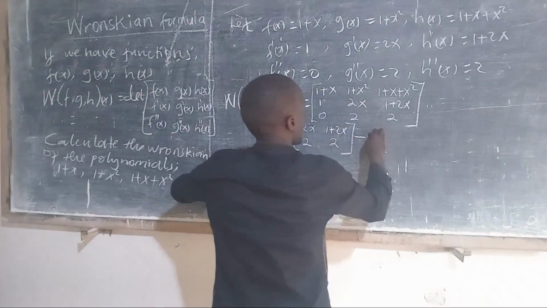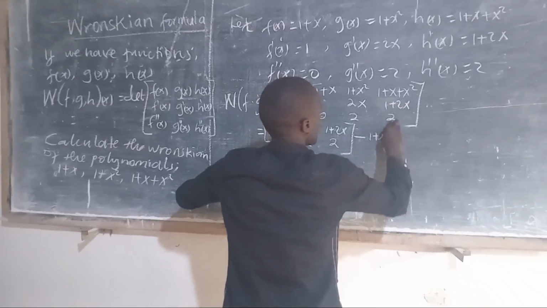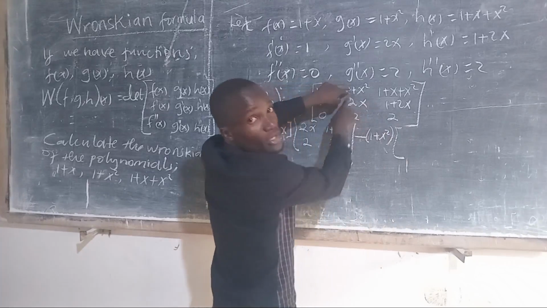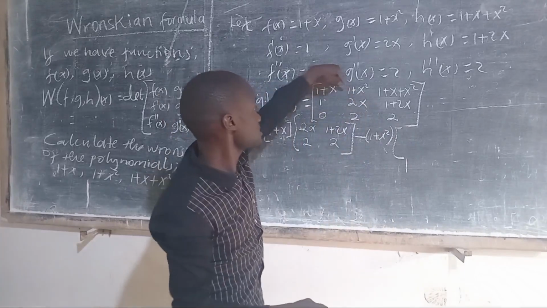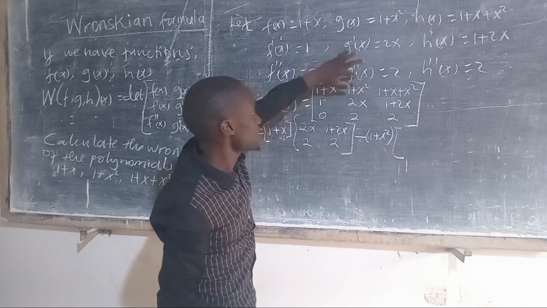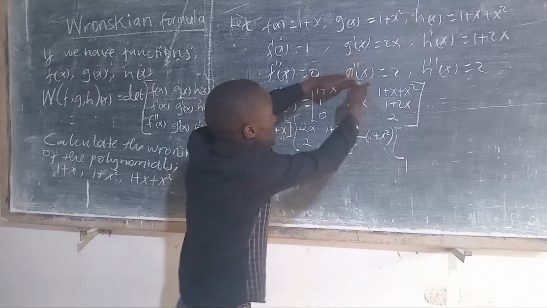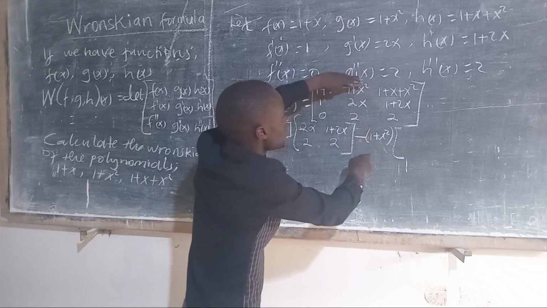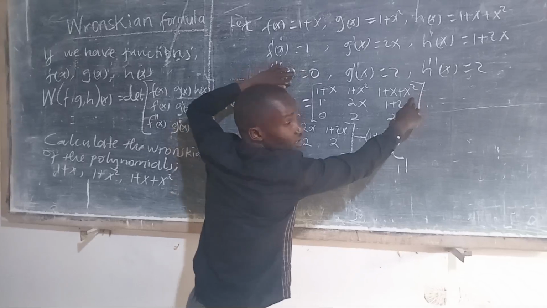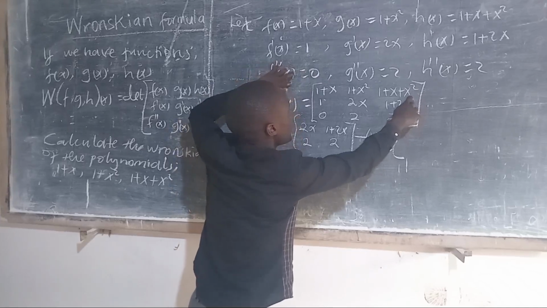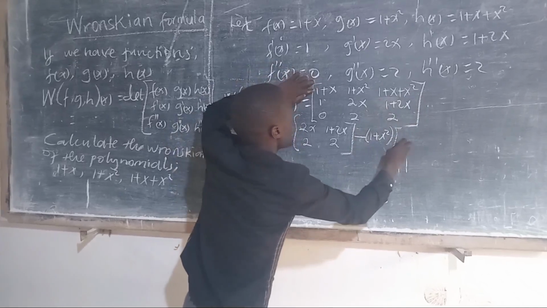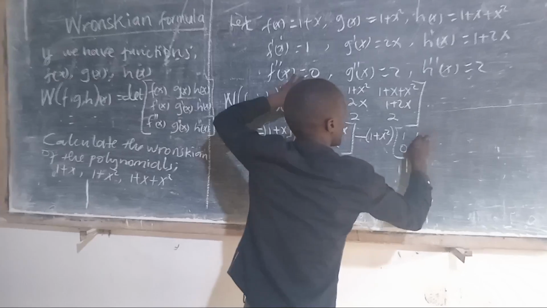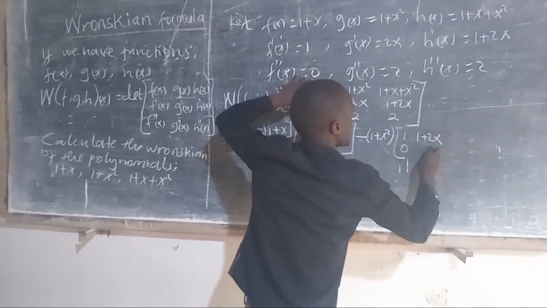So we have 1 plus x squared into, since we are dealing with this one, we shall close the whole of this column and the whole of this row. So we shall remain with 1, 0, 1 plus 2x, 2.